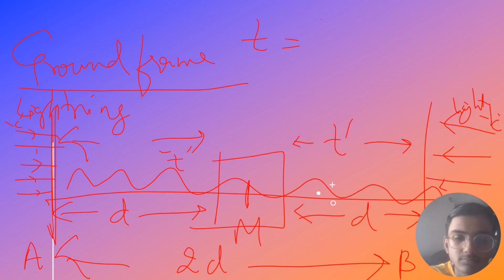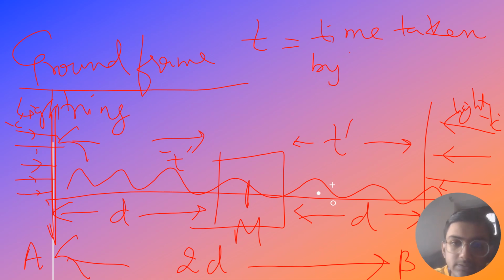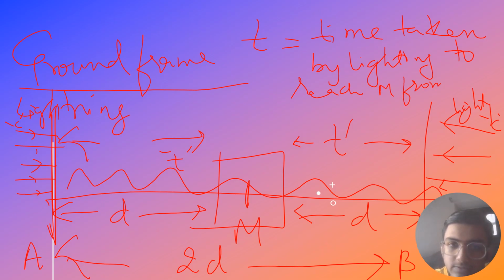T is equal to the time taken by lightning to reach M from A, and t dash is the same to reach M from B.